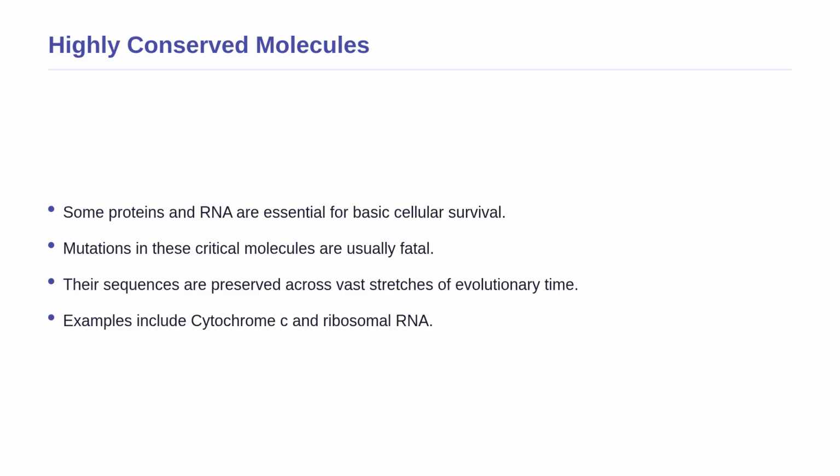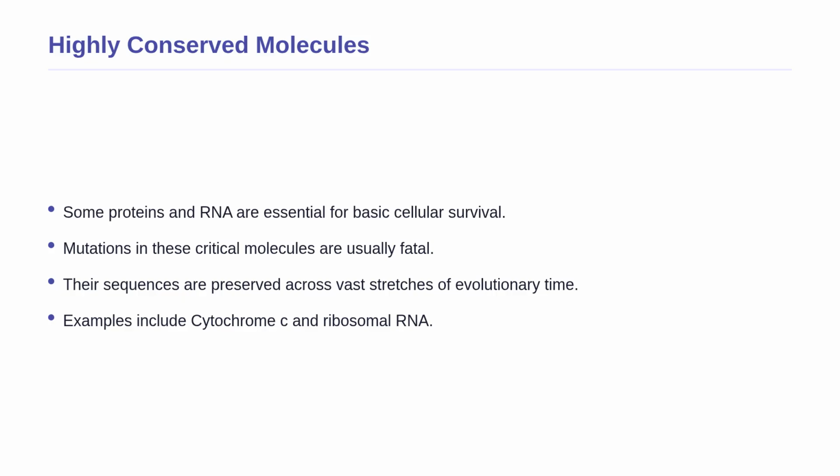Building on the idea of genetic blueprints, let us look at certain parts of the code that almost never change. Think of a car engine. You can change the paint color easily, but if you change the shape of the pistons, the car stops working.